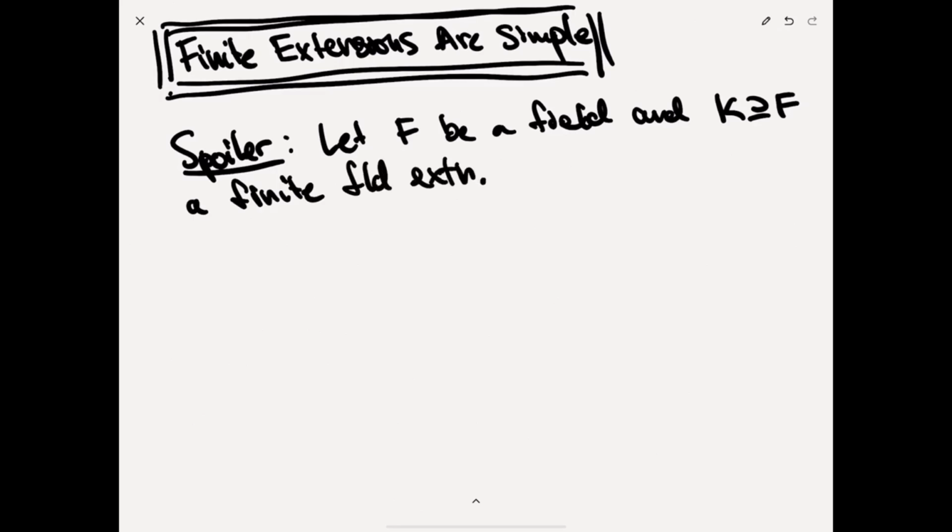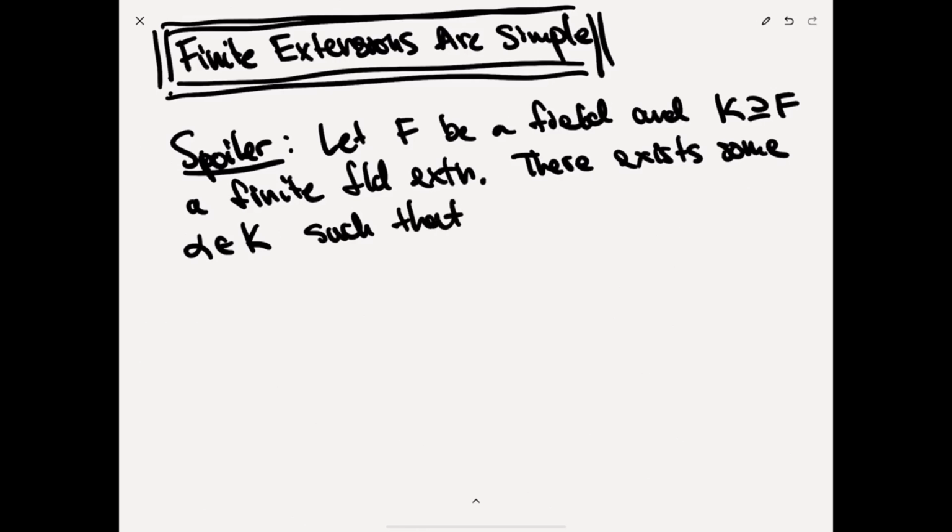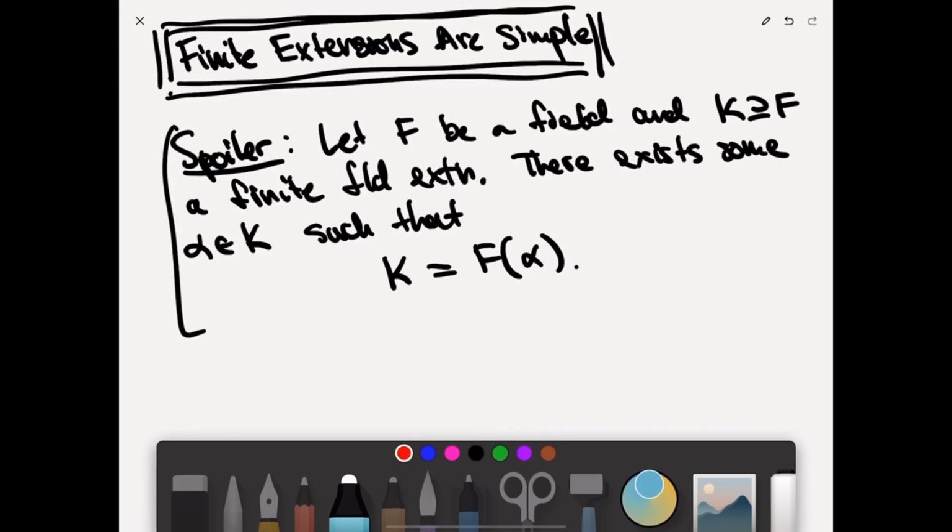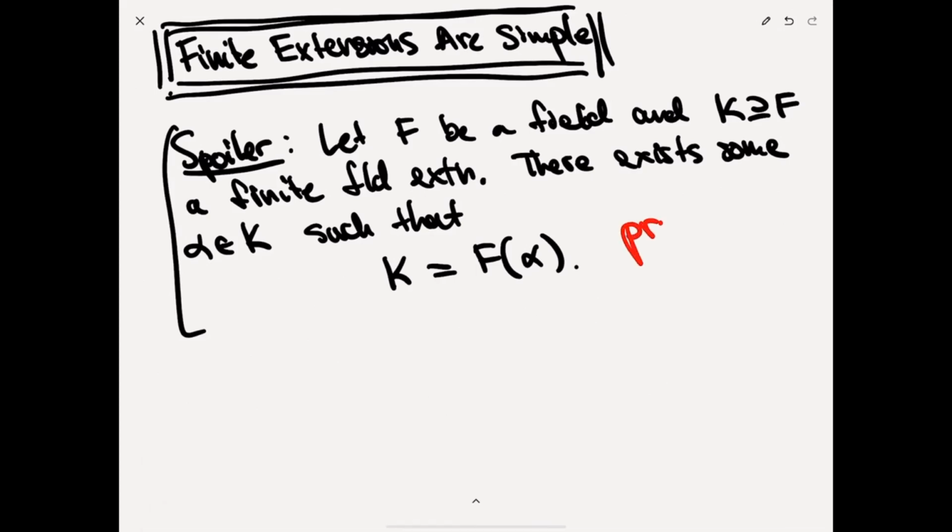Then the theorem is that there exists some alpha in K such that K is equal to F adjoin alpha. This is called the primitive element theorem.